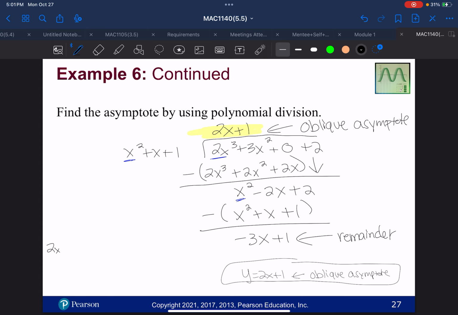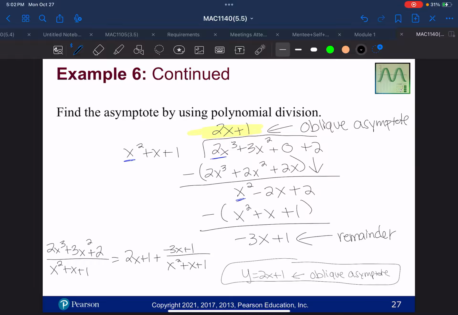We know that 2x cubed plus 3x squared plus 2, divided by x squared plus x plus 1, is equal to 2x plus 1 plus the remainder, which is negative 3x plus 1, over the original divisor.